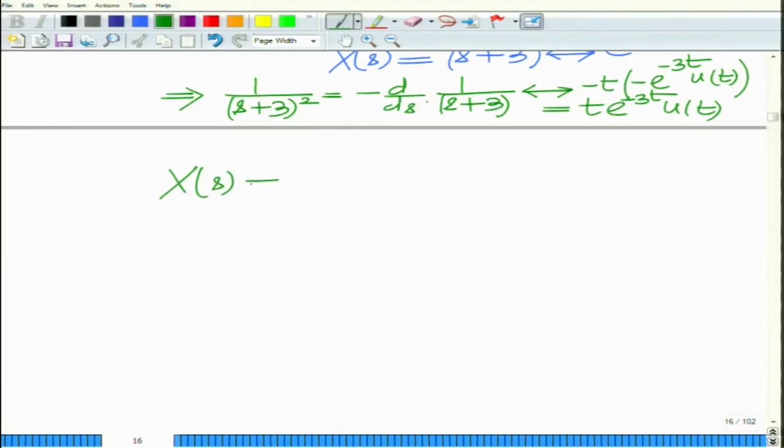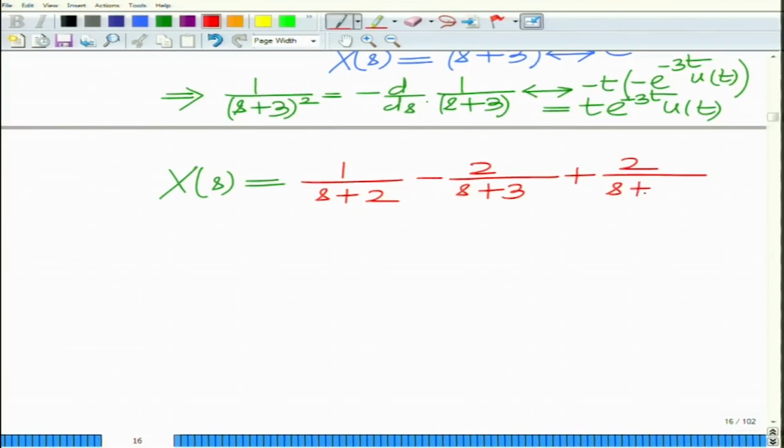And therefore, now we will put these three things together to find the inverse Laplace transform of the original signal. Remember the original Laplace transform, the partial fraction expansion is 1 over s + 2 minus 2 over s + 3 plus 2 over (s + 3) whole square. 1 over s + 2 has the inverse Laplace transform e raised to minus 2t u(t).